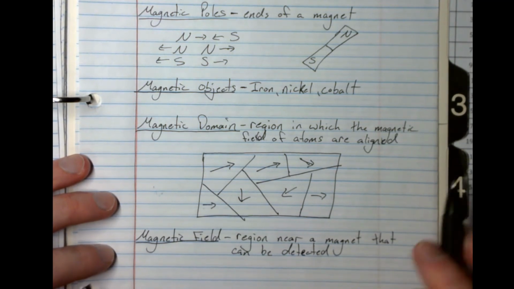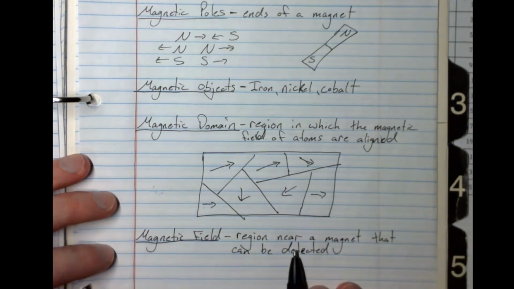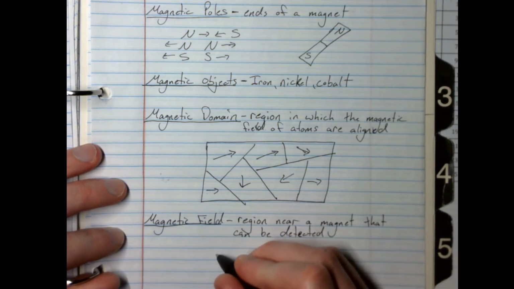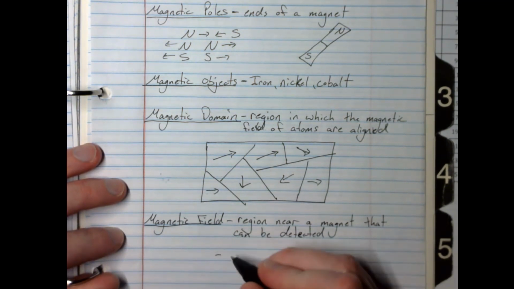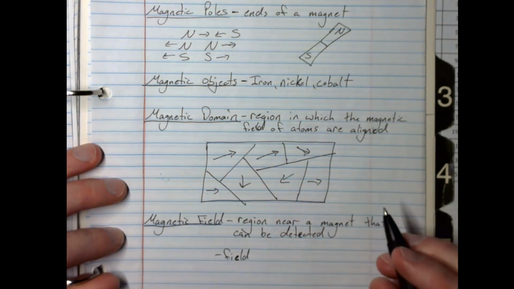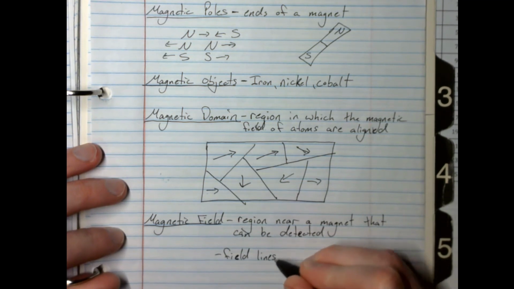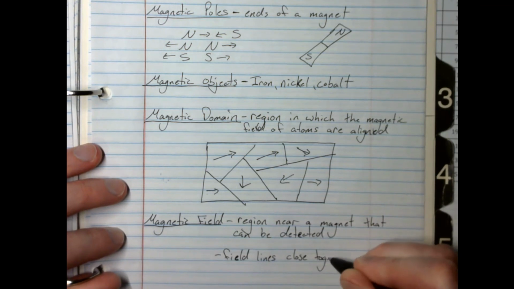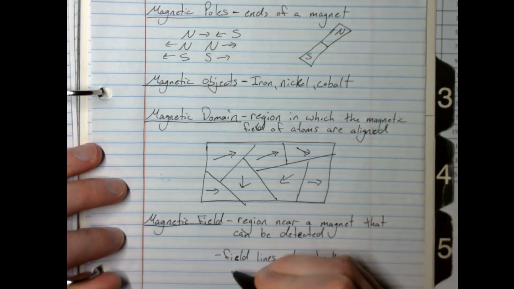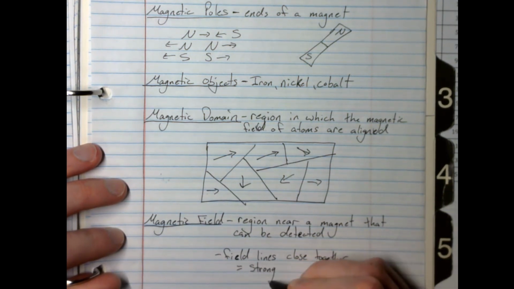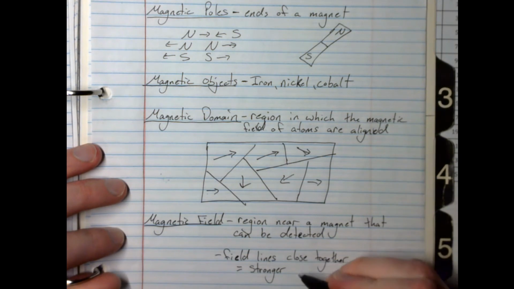And I don't know, that doesn't seem like a real clear definition. That's going to bother me. Whatever, we're going to keep moving on. I'm just not happy with it. Whatever. Field lines. Something about those field lines. If they are close together, that means it's a stronger magnetic force.